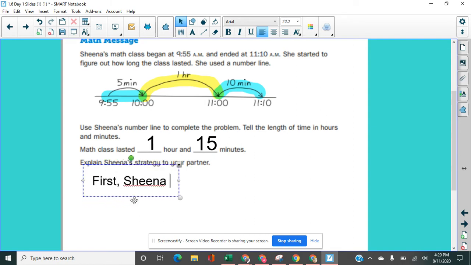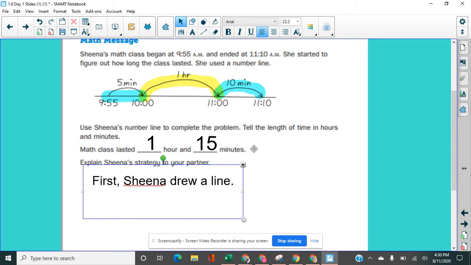Sheena drew a line. Right? That's what she did first. She drew this line from here to here. Then she wrote the starting time.